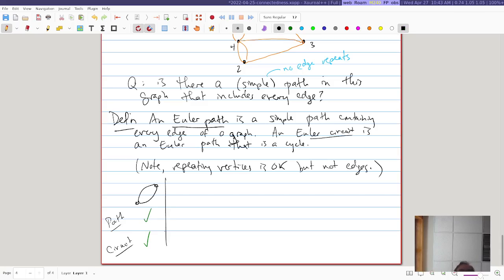Another example. Like a triangle, like 3 dots. Yep, agreed. So that has both, right?